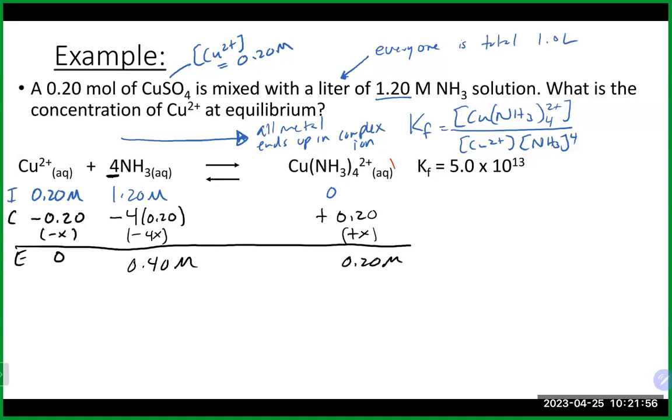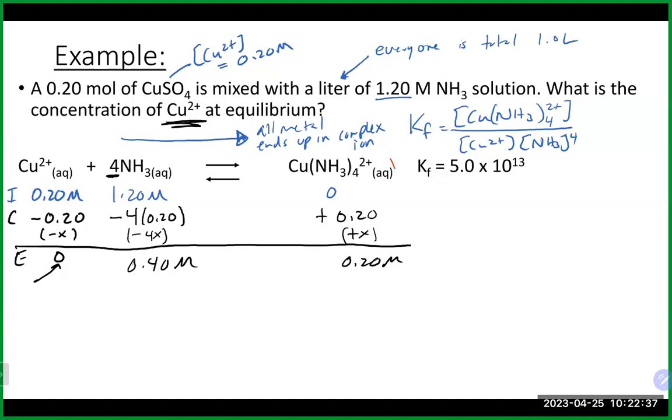All right. Now, at this point, we are looking for what is the copper 2 concentration at equilibrium. And based on our assumption, we see that the answer is 0, which means it's not much of a problem. So clearly 0 cannot be the answer in this case. Even though our first assumption is that pretty much all of that metal is going to be tied up in the complex ion because of the large value of K, this is still an equilibrium constant, which means even though almost 100% of it is going to go to the product side, there still should be some products that are going to go back the other way.